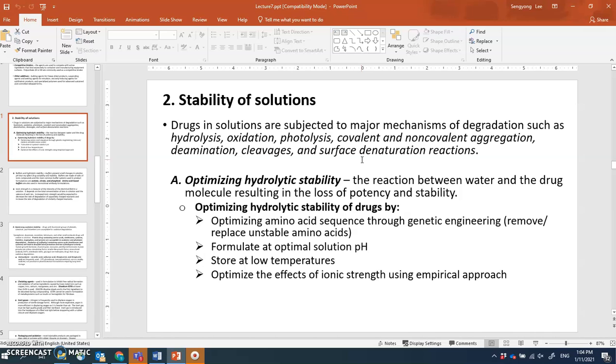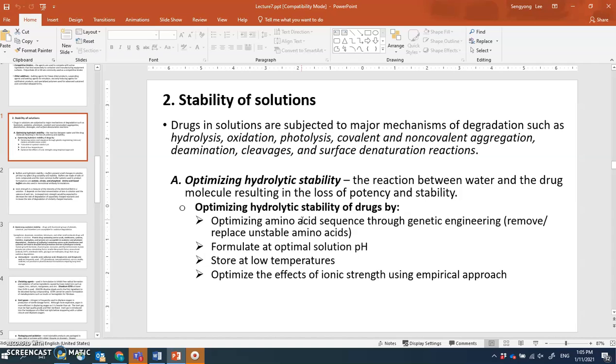So then, what do you do? You need to optimize hydrolytic stability so the hydrolysis doesn't happen. How do you prevent hydrolysis from happening to your drug molecule? By optimizing the hydrolytic stability of your drug. How do you optimize it? Maybe you have to look at the sequence of your drug API molecule.